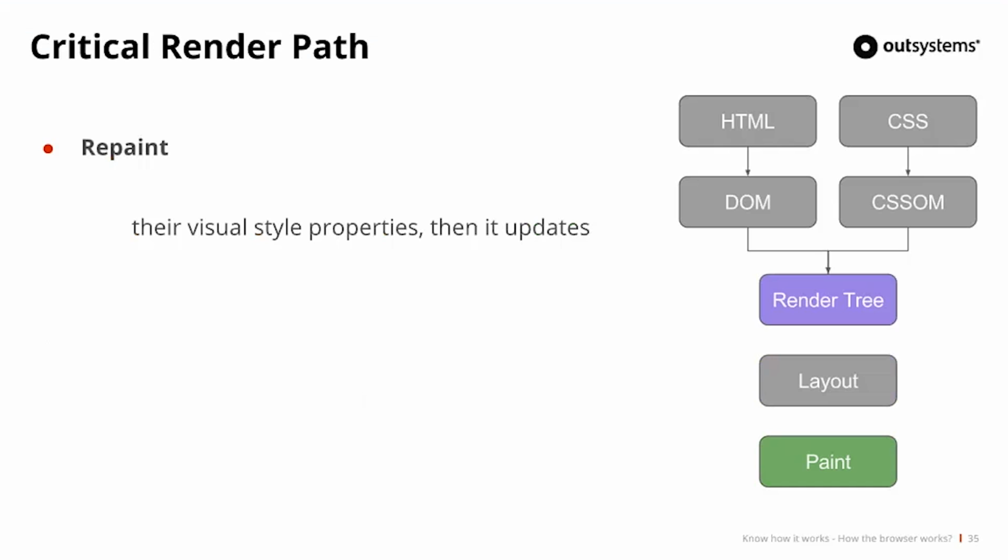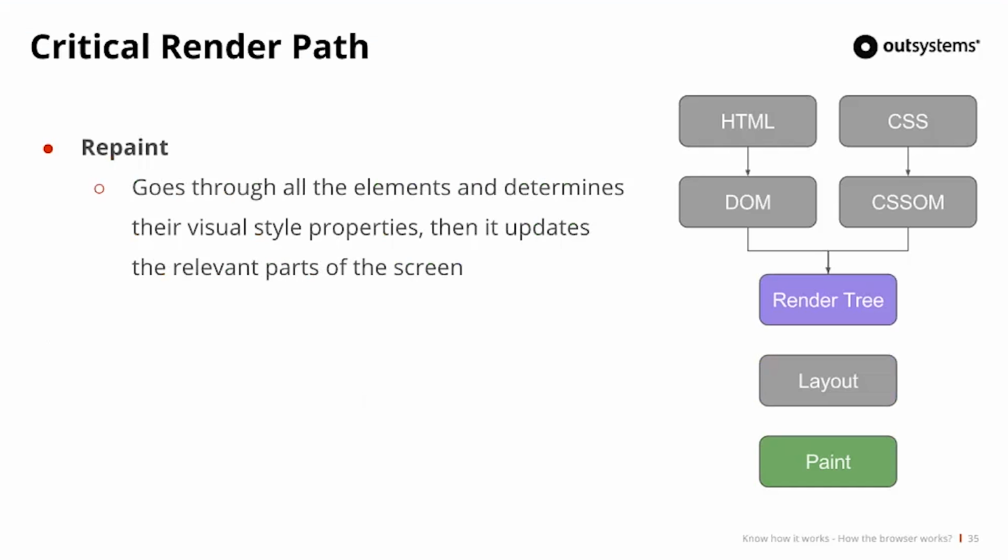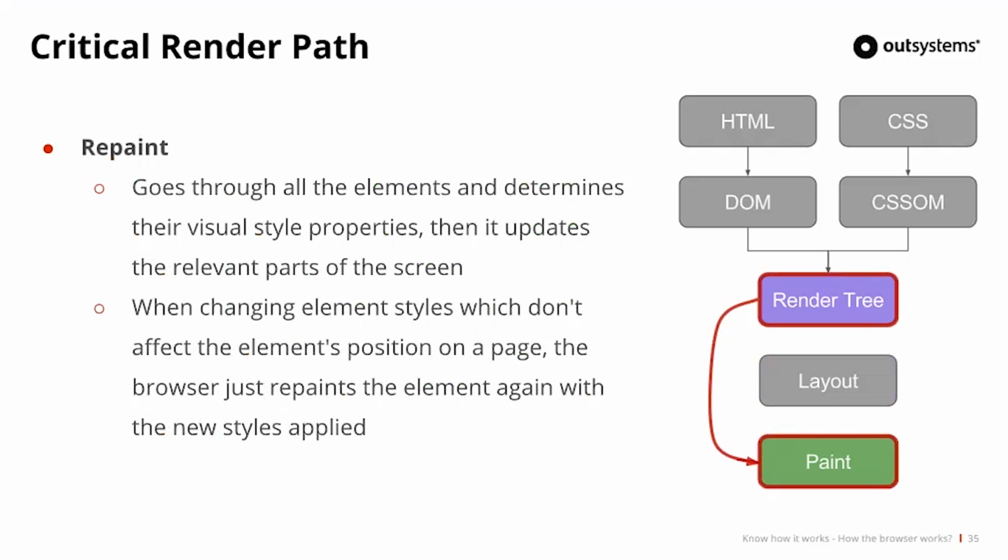So we also have the repaint. And the repaint is when you make a change to a property of an element, but it's just a style property. So imagine I have a div with background red, and now I'm going to change it to background blue or black. So in that case, I will paint that element. But it's only a style property.